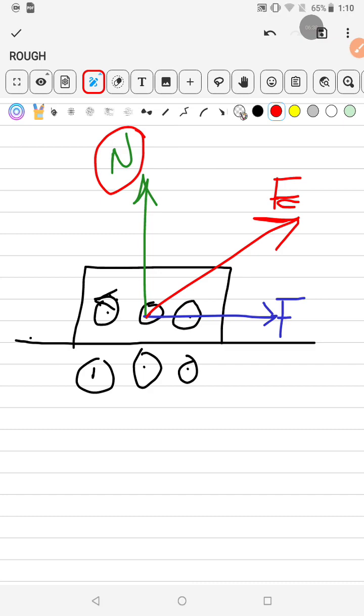I don't know whether this question will arise in your mind or not, but let me tell you why the contact force is always inclined. Why is it not along the x-axis or y-axis like the normal and friction force?